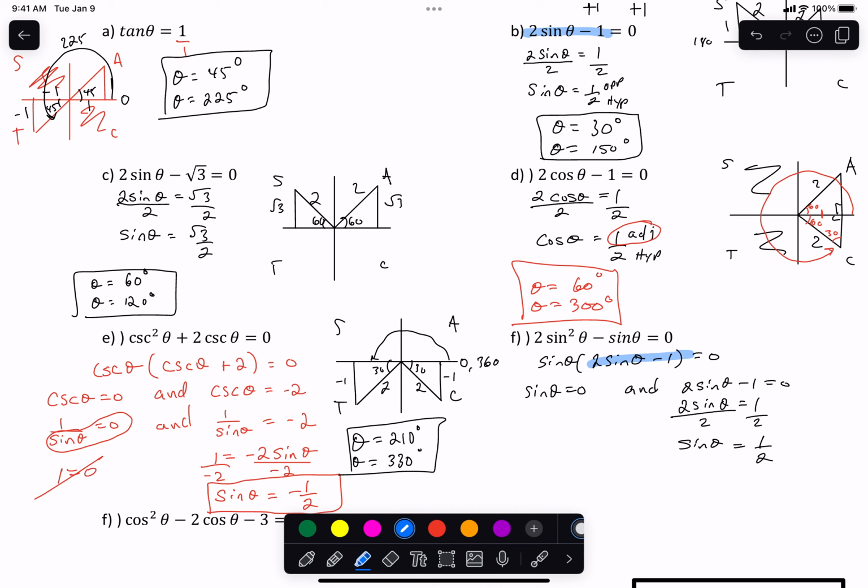Based on reasons from above, you ask yourself again, where is sine positive? You put on the side lengths. You should find from sine theta, because we already did the work, that theta should equal in this instance 30 degrees and 150.